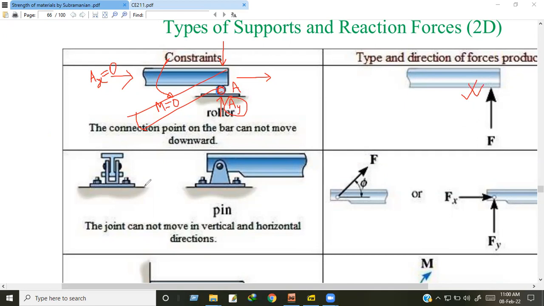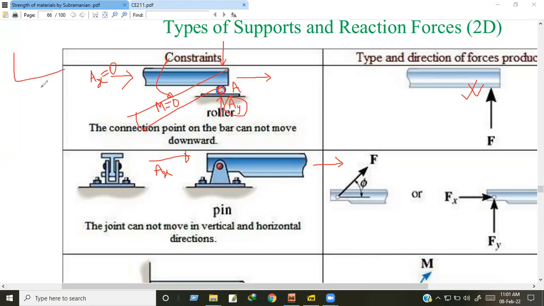Now if I consider a pin or hinge support, A is shown here. If I apply the force in this direction, it will not move in this direction, because the hinge support gives a restriction to move in this direction, and that's why I will find a reaction force in the x direction.